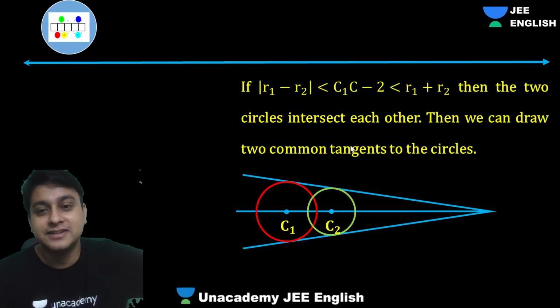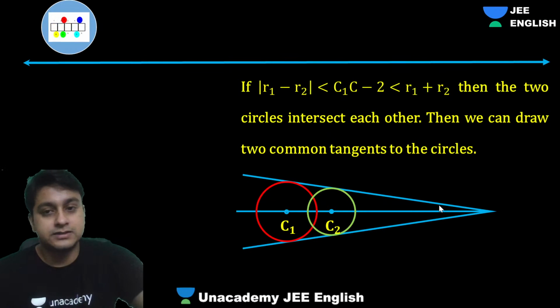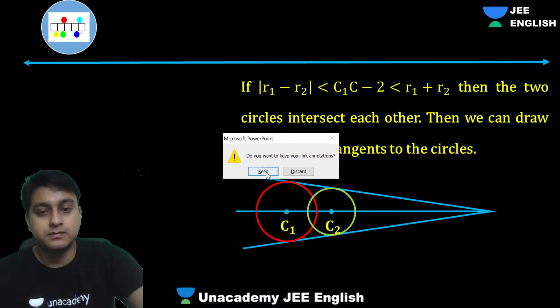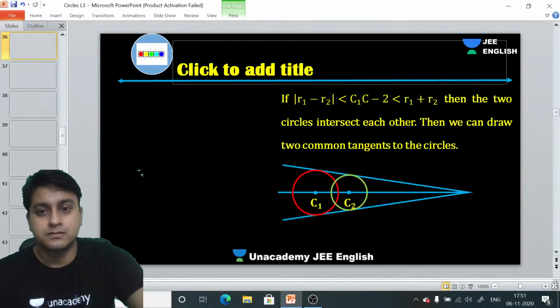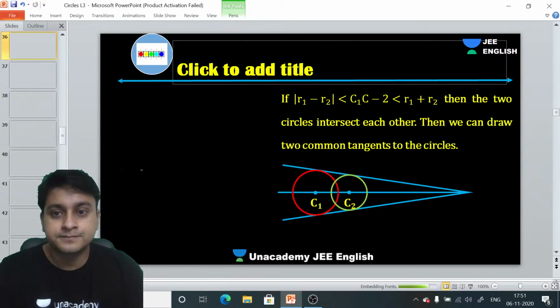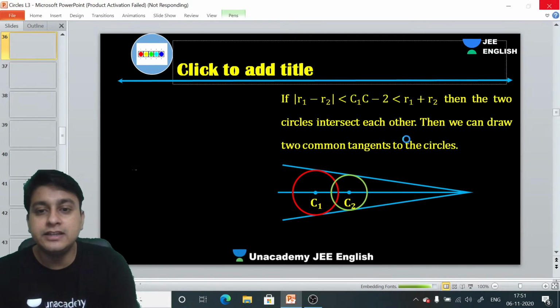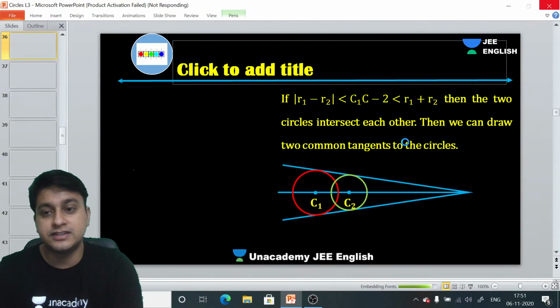Okay, guys. Next we have this one. Next, we have two circles which are intersecting each other.